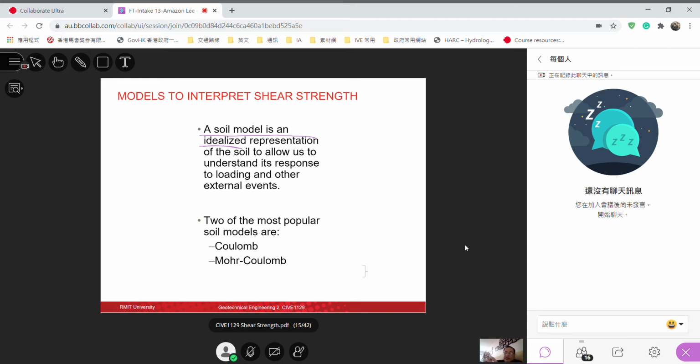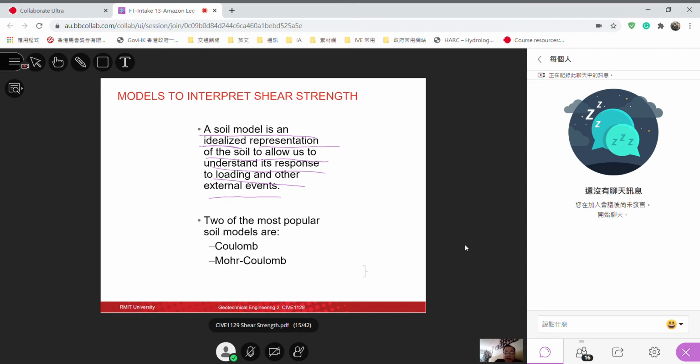It's not true, but simplified in an idealized way to represent the soil, to allow us to understand its response to loading. We make it simple so that we know how a soil would respond to the external forces, the normal forces and the shear force, and under what condition the soil will start to fail across this slip plane.